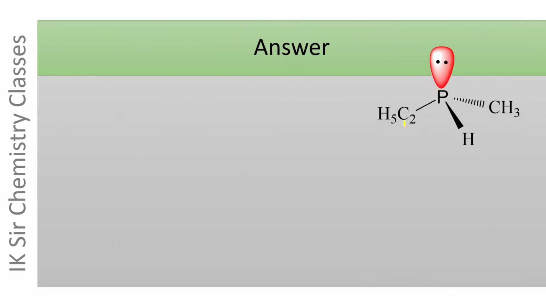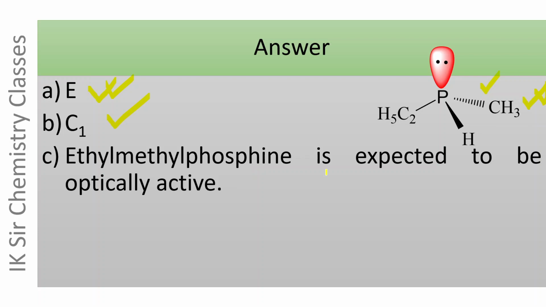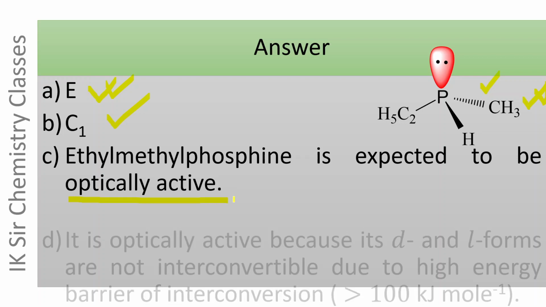This is ethylmethylphosphine having trigonal pyramidal shape. The element of symmetry present in it is only identity. It has no other element of symmetry. Its point group is C1. Ethylmethylphosphine is expected to be optically active because it does not contain sigma, i or Sn.